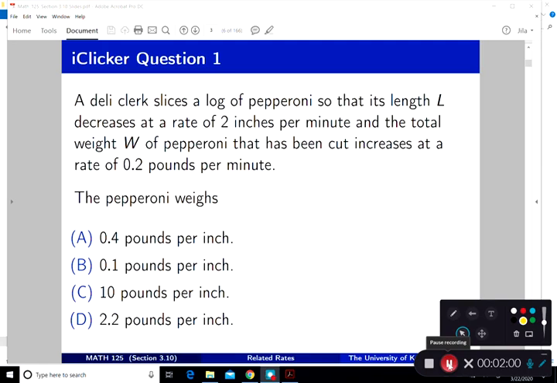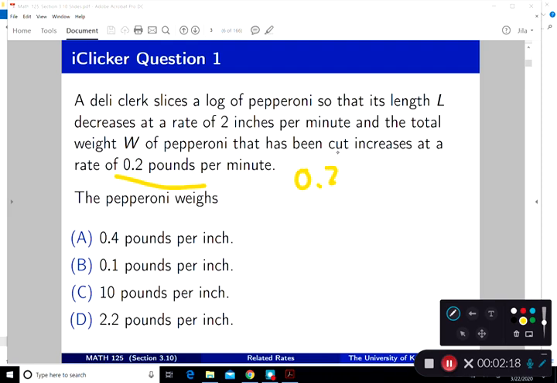Okay, I hope you paused. Now let's try to solve the problem. First, it tells you that the pepperoni weight is changing by 0.2 pounds per minute.